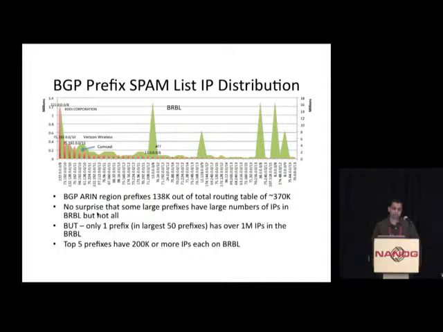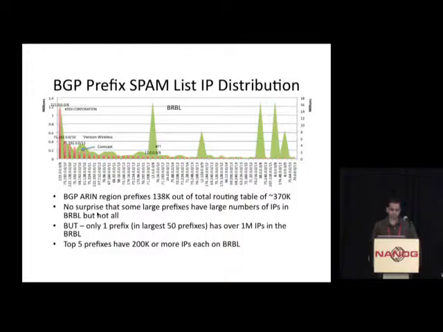We repeat the same exercise on a per prefix basis. What you're seeing over here is a chart of activity on a spam list on a per prefix basis, and I'm only showing the top 50 prefixes. Once again, the green bars are showing total address space.